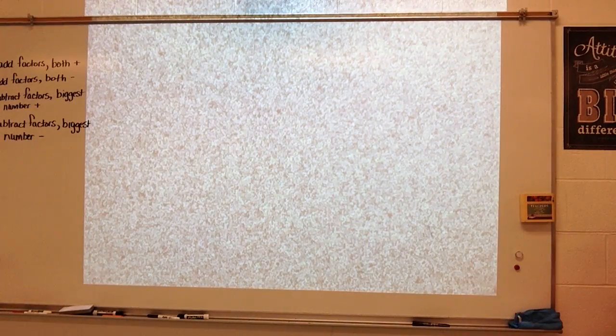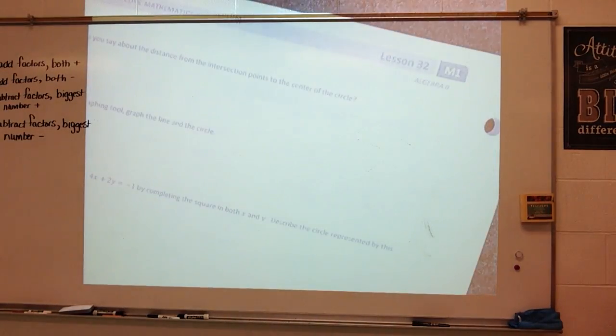What can you say about the distance from the intersection points to the center of the circle? Well, because they are points on the circle and the radius of the circle is 2, the intersection points are 2 units away from the center. Alright?